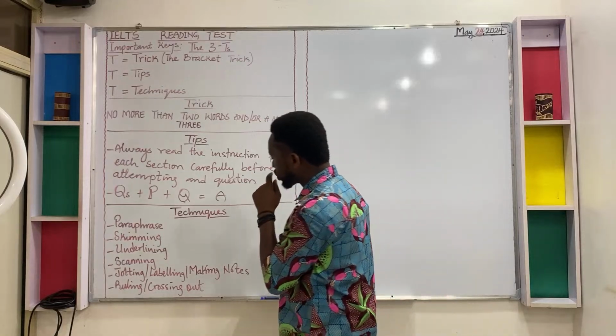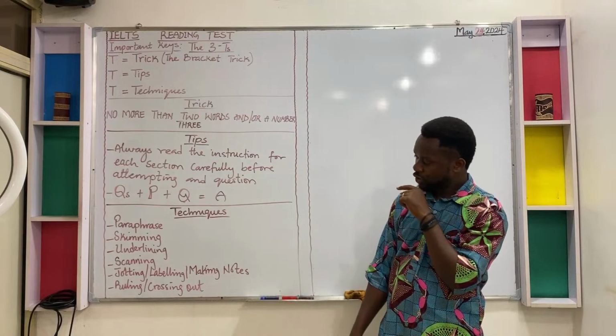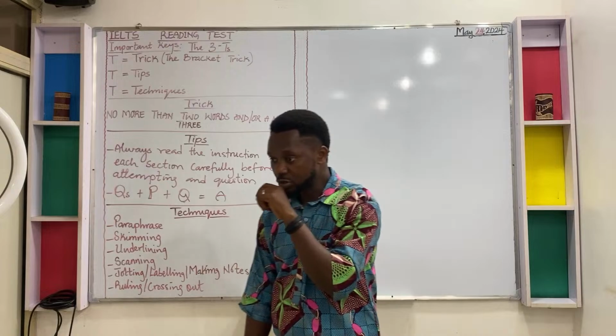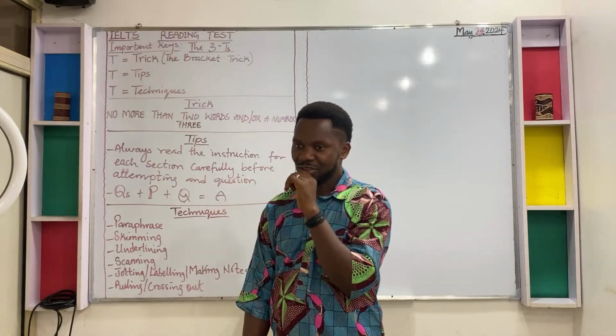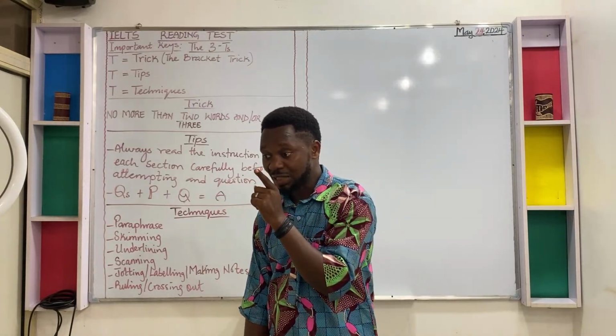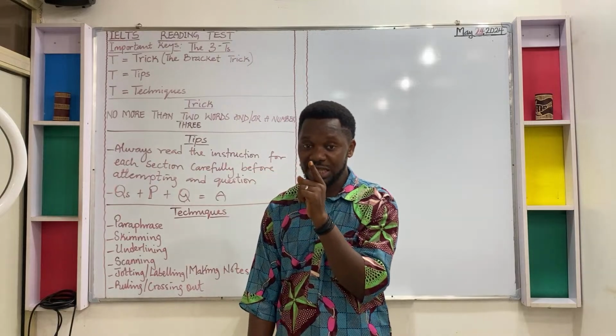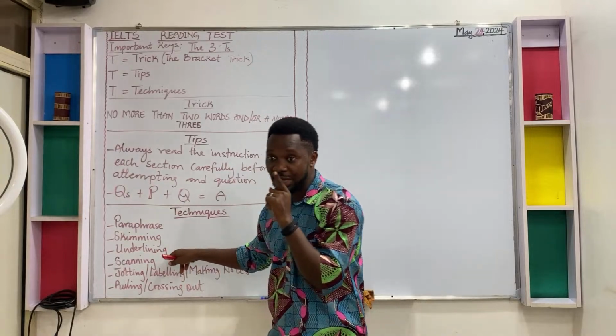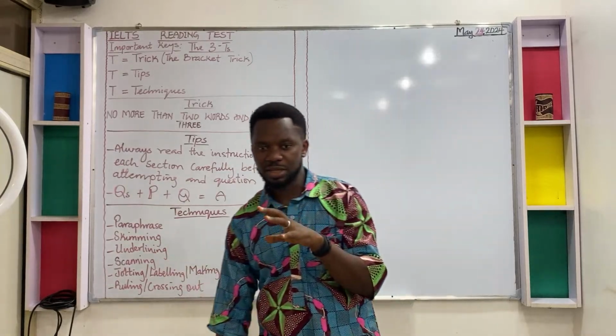Now, for skimming to be successful, you need to apply underlining, since you are not taking your time to read. So once you are going in between lines at a very fast pace, when you find key information or major words that are potential answers, what do you do? You need to underline. So what does underlining mean?